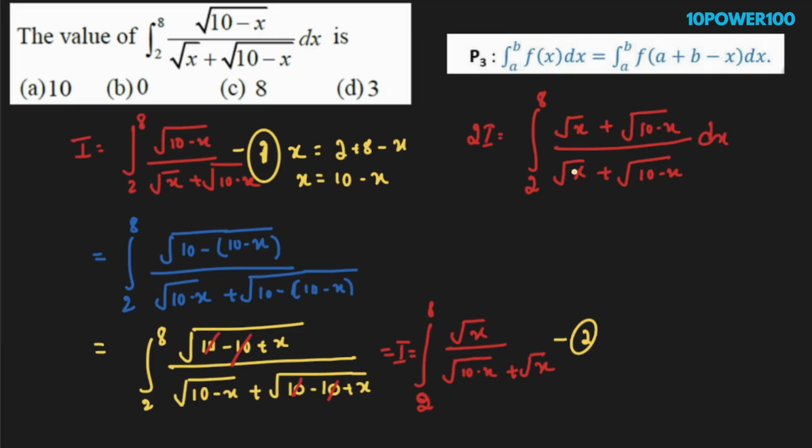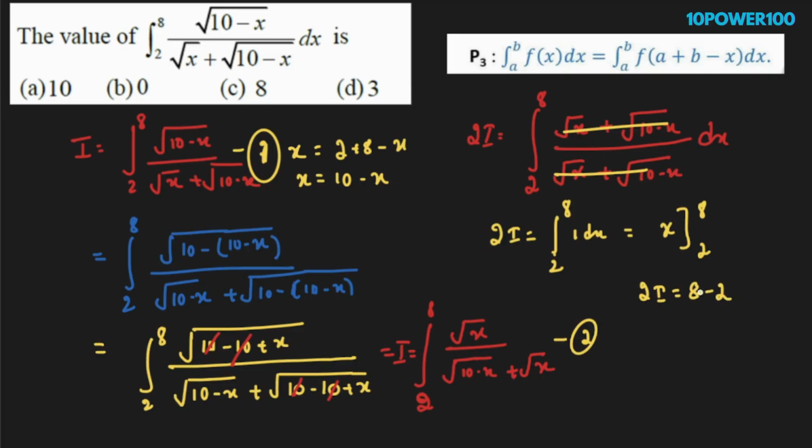So the numerator and the denominator cancel out. We get 2I is equal to the integral from 2 to 8 of 1 dx. Integration of 1 is nothing but x. The limits are 2 to 8, so 2I is equal to upper limit minus lower limit. So 2I is equal to 6, and I value is 3. So 3 is the answer.